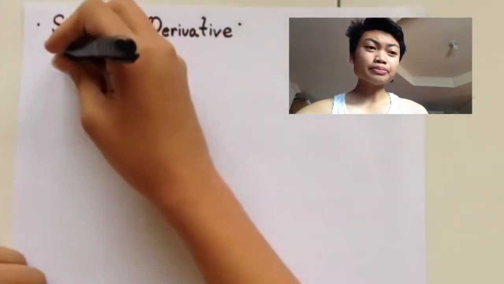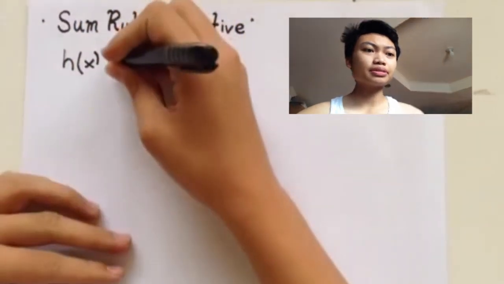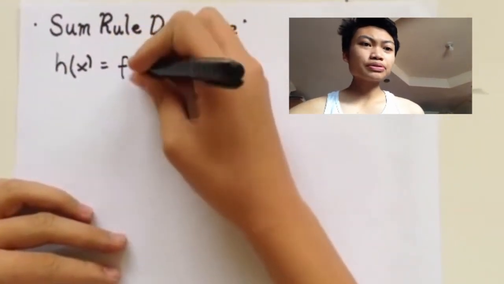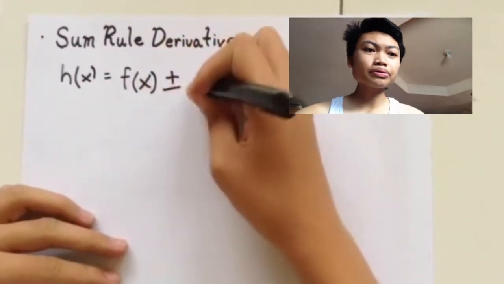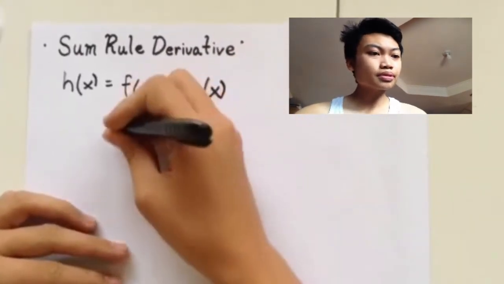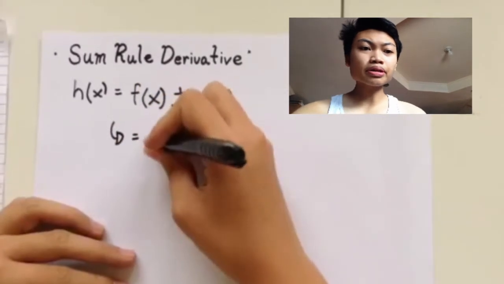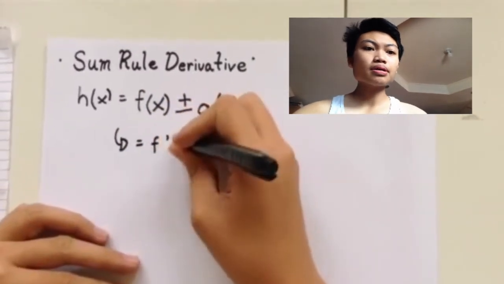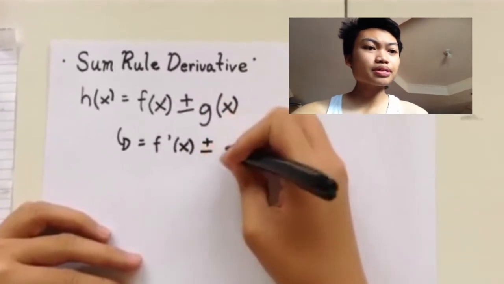Sum rule for derivatives. It is an easy rule and uses basic calculus. In the examples today, we are using the constant rule, the power rule, and maybe the constant multiple rule. The derivative of the function h of x is the derivative of f of x plus or minus the derivative of g of x.